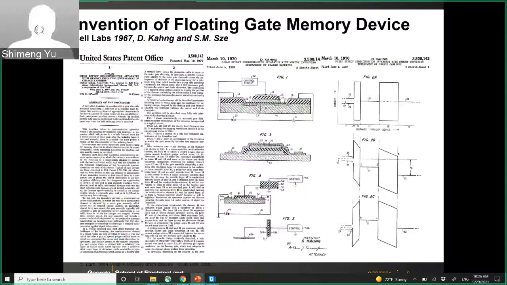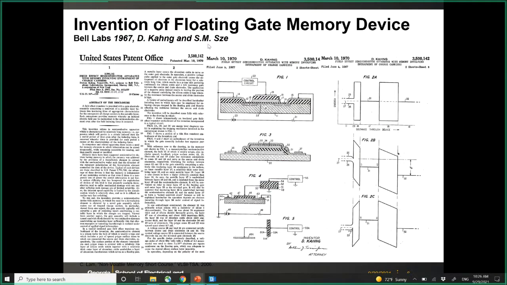So this is the patent filed by Bell Lab for the floating gate transistor. This was invented by Dr. Kahng and Simon Sze.